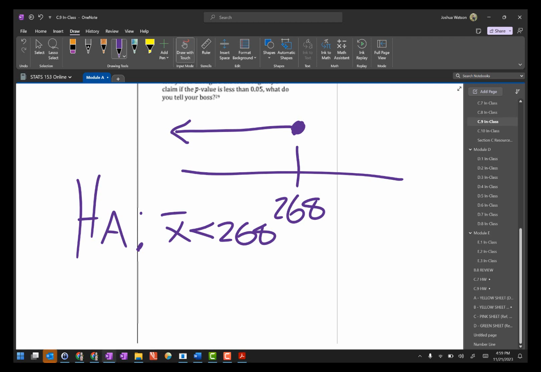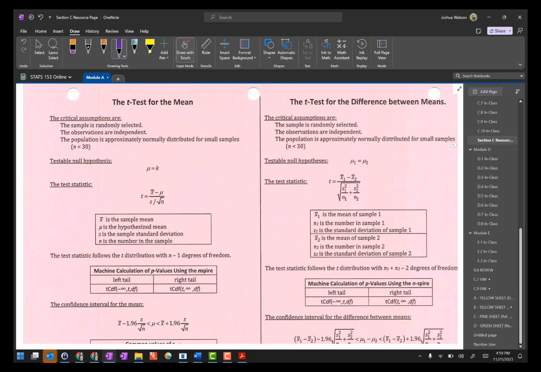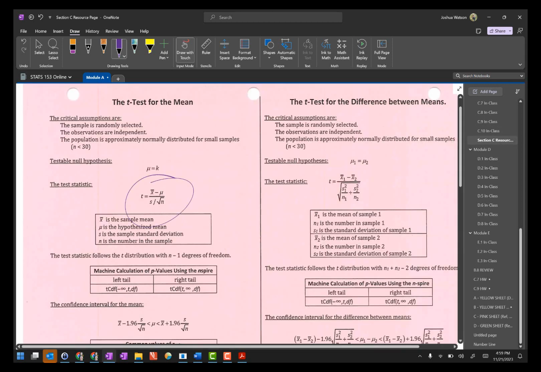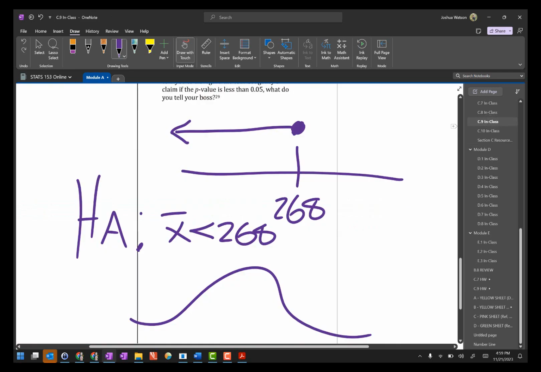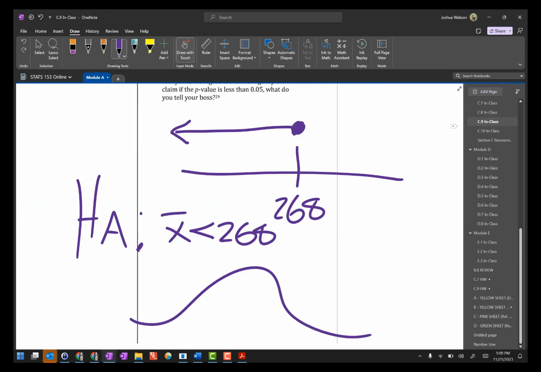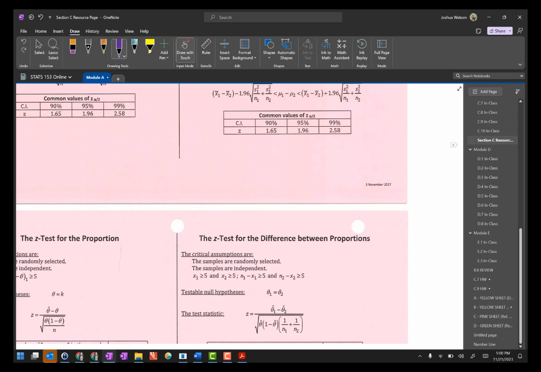Don't get confused there. The big deal here is when we do our test for the alternate hypothesis, we'll have a distribution of some kind defined by the test that you did, this test right here. And then that distribution will give you a z value, or a t value, excuse me. Did I say z? I meant t. A t value.